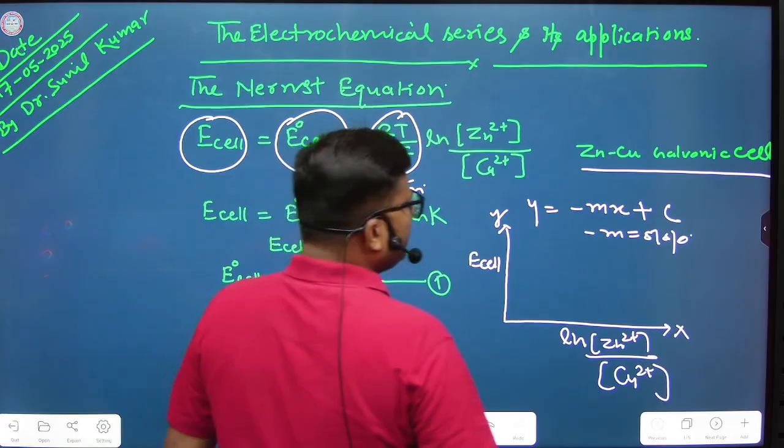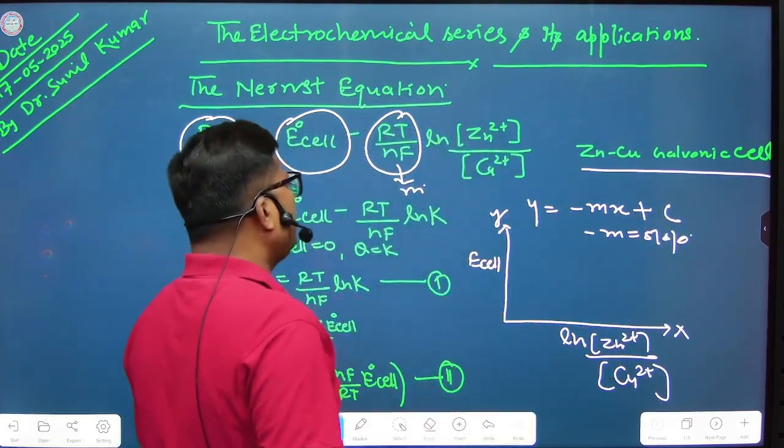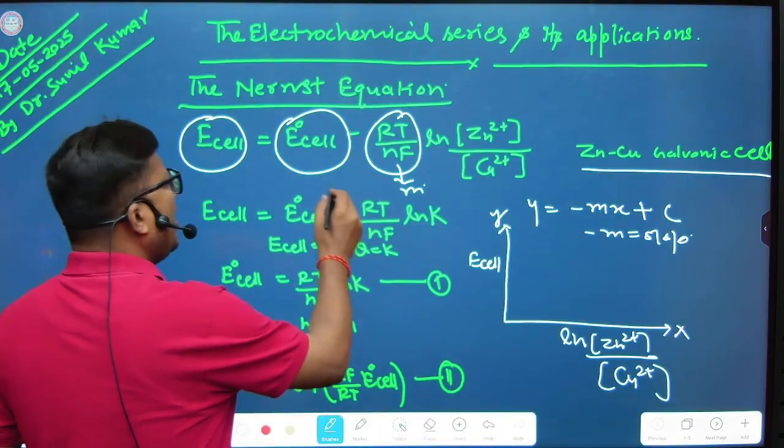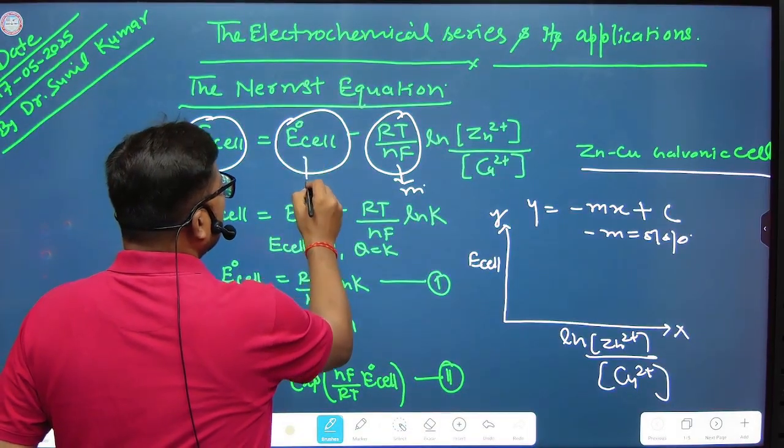Now this c is the intercept, which is equivalent to E naught cell.